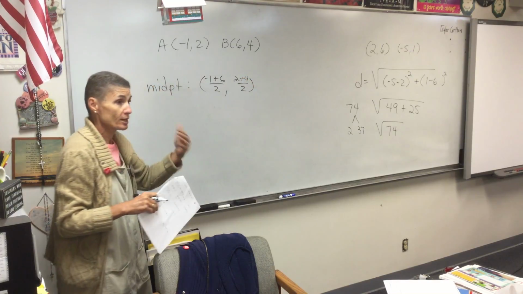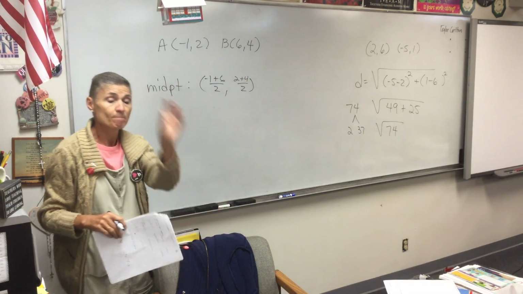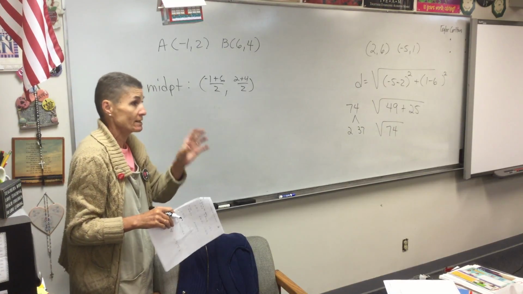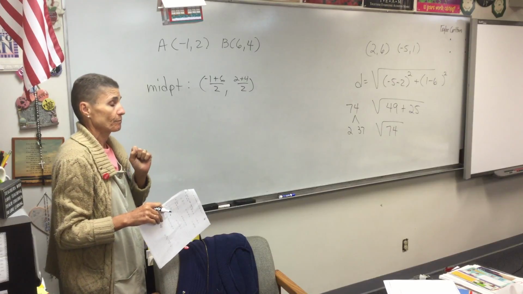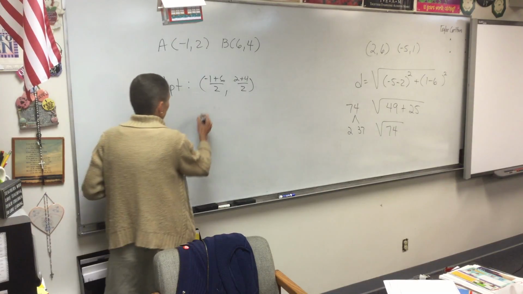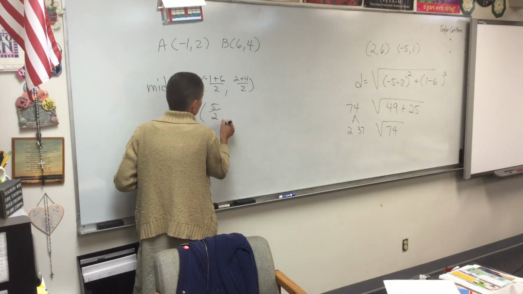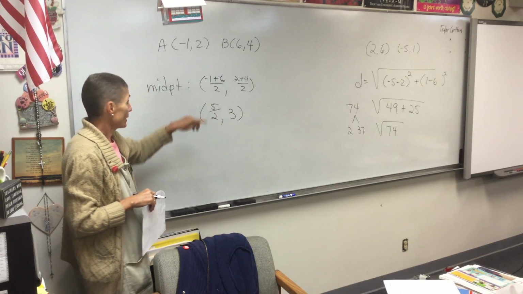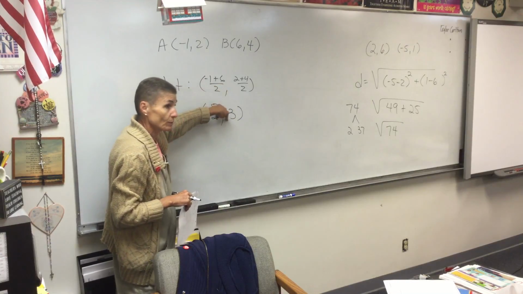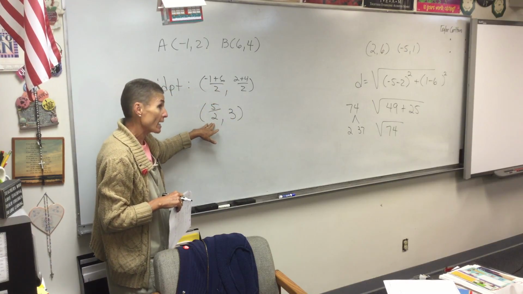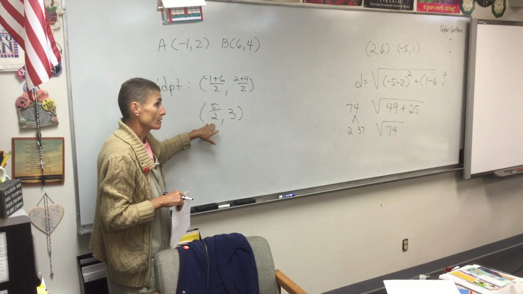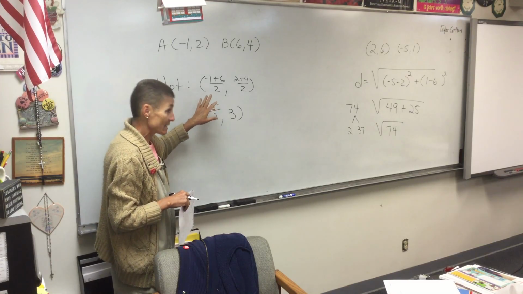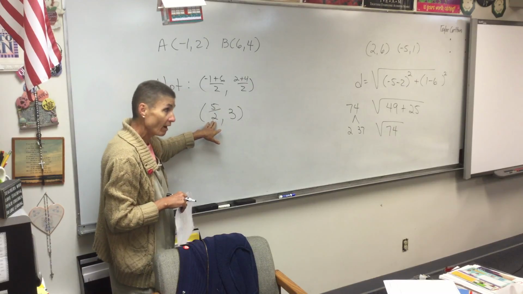I average my x's, I average my y's, and that gives me my average point, my middle point. So the answer to the question would be 5/2 and 3. Everybody see how I got 5/2 and 3? Now I prefer fractions. Fractions are my friends. But if you'd rather have decimals and write 2.5, that's fine.